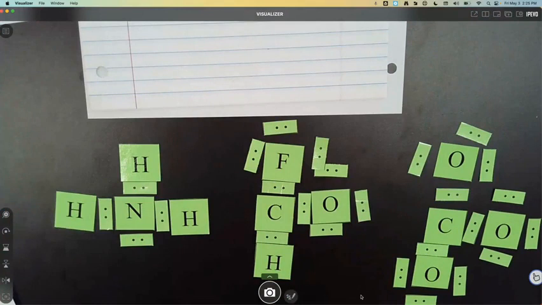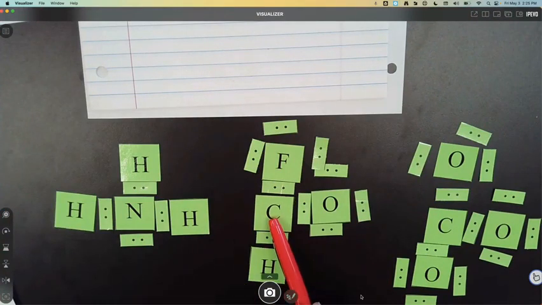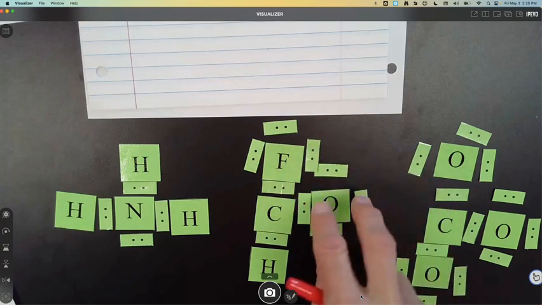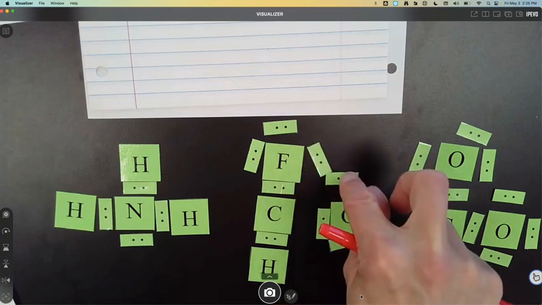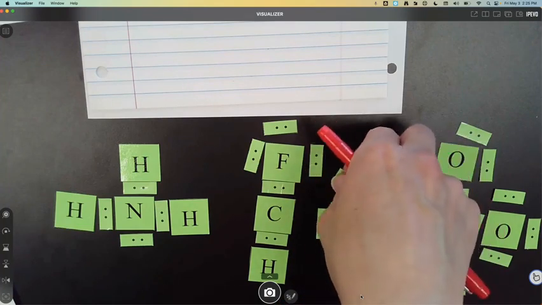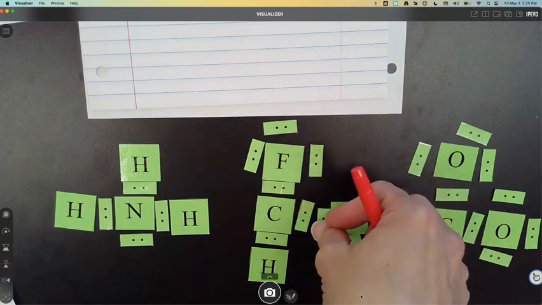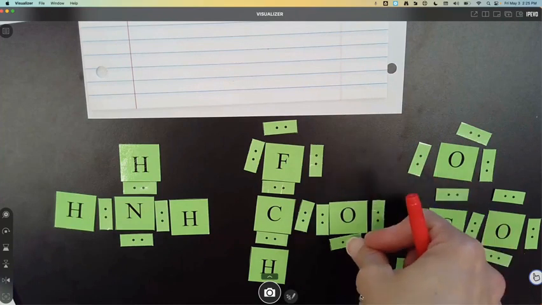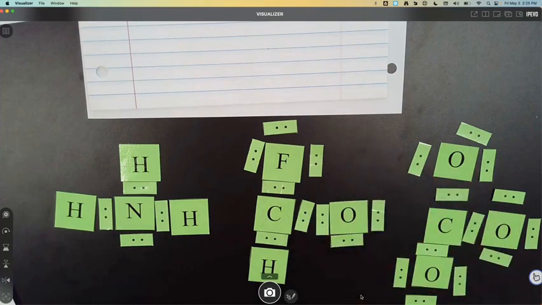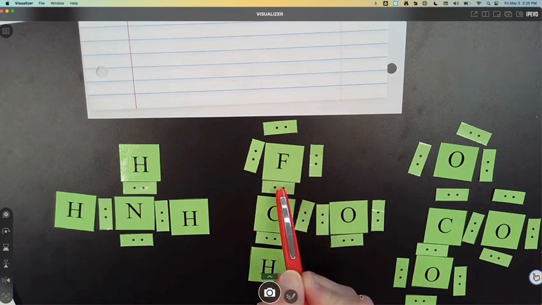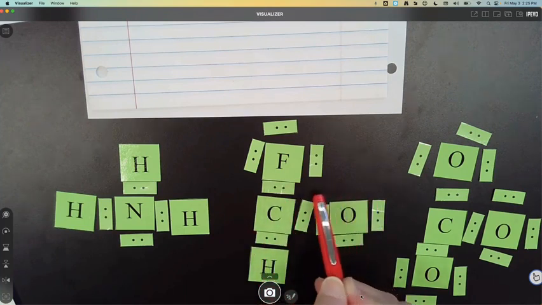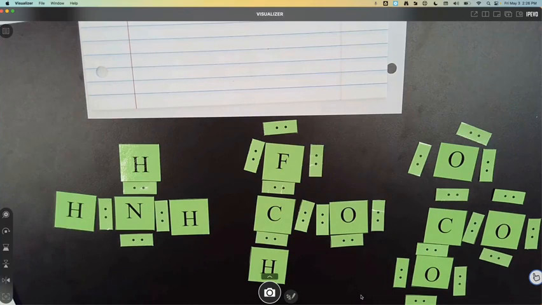So in the case of this one, carbon doesn't have an octet. So we're going to take one of the pairs from the oxygen and we're going to pull it in and create a double bond between the carbon and the oxygen so that now carbon has access to all of those electrons and oxygen has access to all of those electrons.